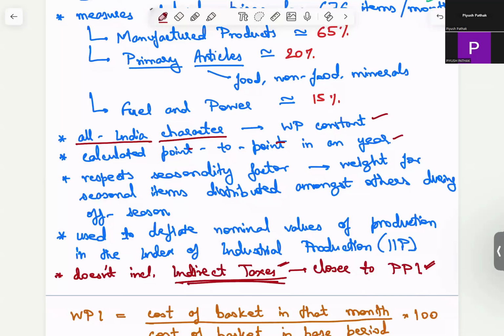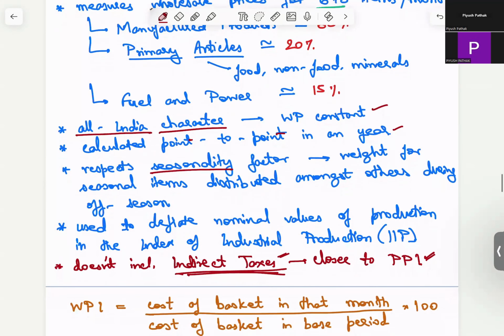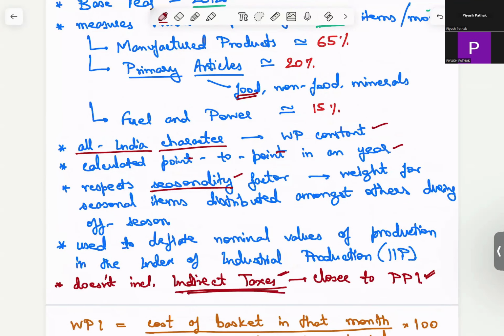Another thing is that it respects the seasonality factor. We have already discussed that. Now, what happens in off season? Let us say it's the mango season coming up. So WPI is going to measure the mangoes at wholesale in the food sector, in the primary articles, food. But what about October when mangoes are no more available?